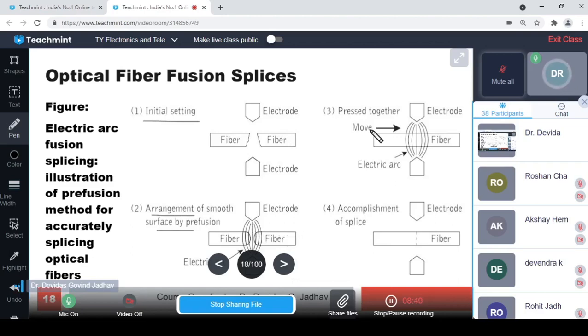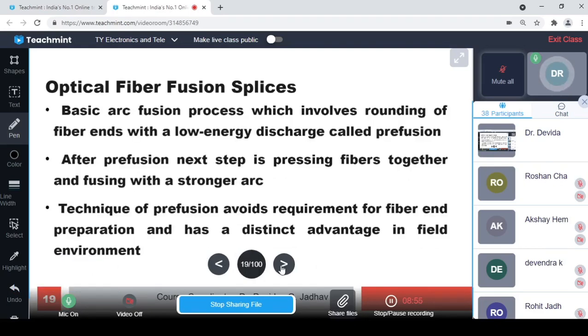They are pressed together, and then heat is provided. The arc has sufficient heat to melt the fiber, and then that arc is immediately disconnected, so that it will accomplish the splice. So the fusion process involves rounding of the face edges, and this is called pre-fusion, which is the unique feature in this.